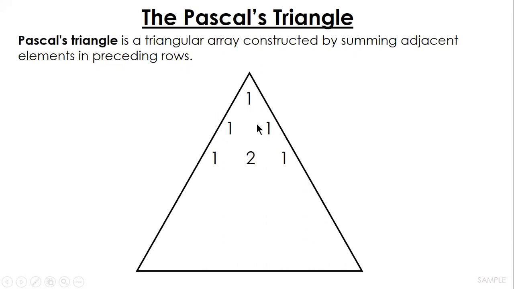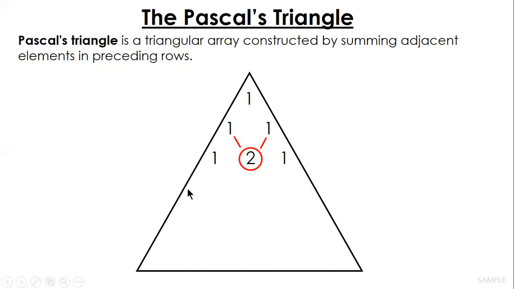In the first and second rows, there are no adjacent elements. But in the third row, the preceding row is the second, and those terms are adjacent. Therefore, the number 2 is the sum of the adjacent elements in the preceding row: 1 plus 1 equals 2.